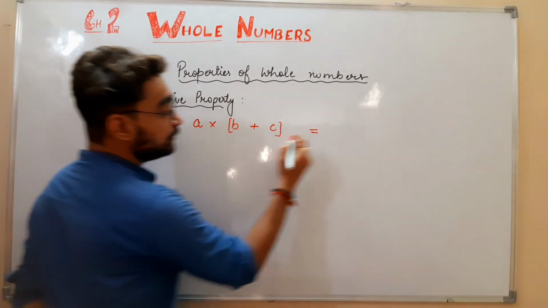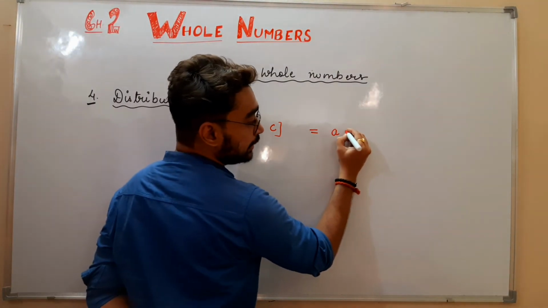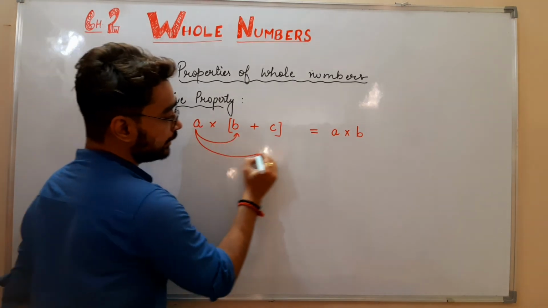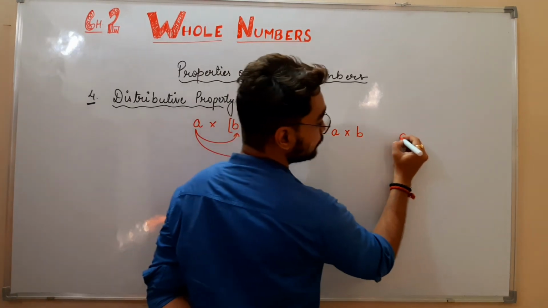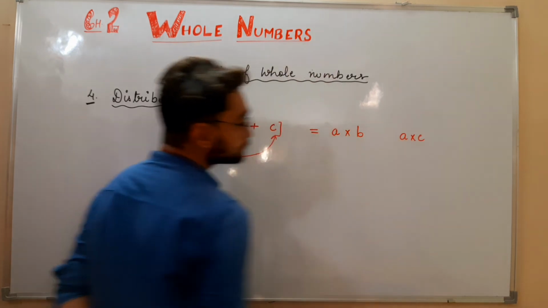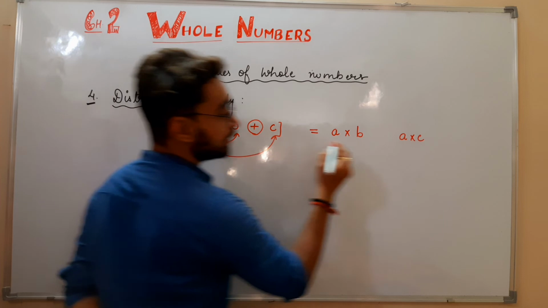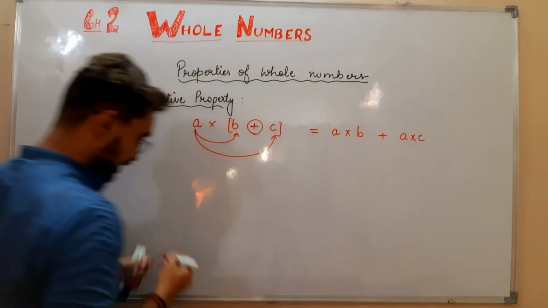How? It will become A into B and A into C. And whatever symbol is here, if it is plus, here it will become plus. Check one more.